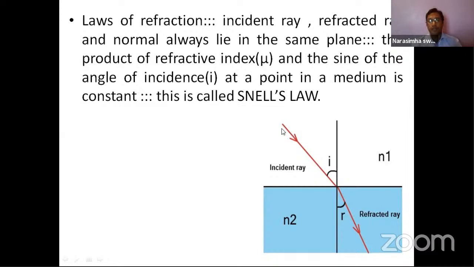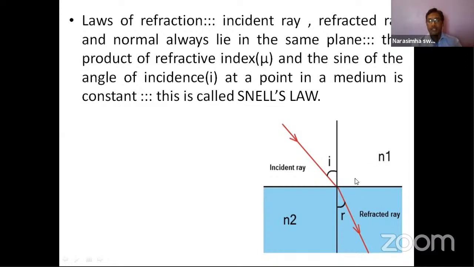Look at this. A light ray is incident, making angle I with the normal, incident from one medium indicated with n1, in some books mu1.